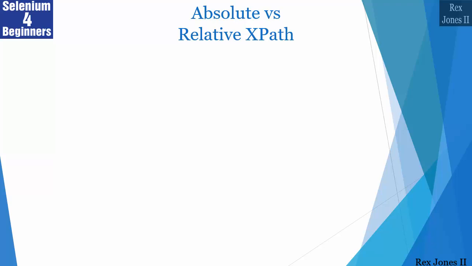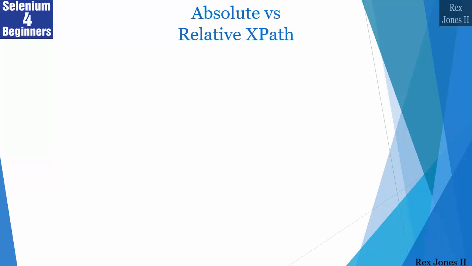XML is used to carry data, and HTML is used to display data. With regards to Selenium, XPath is a locator used to extract or pull tag attributes. There are 2 types of XPath, absolute and relative.